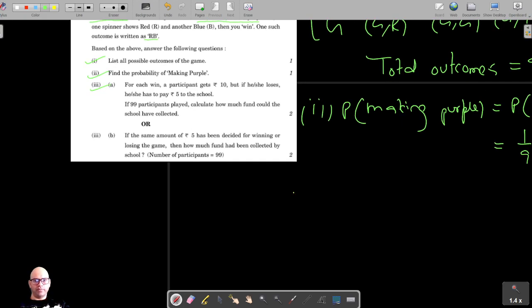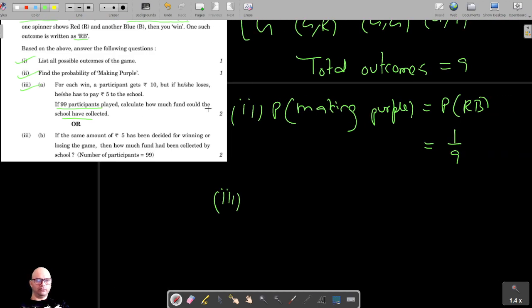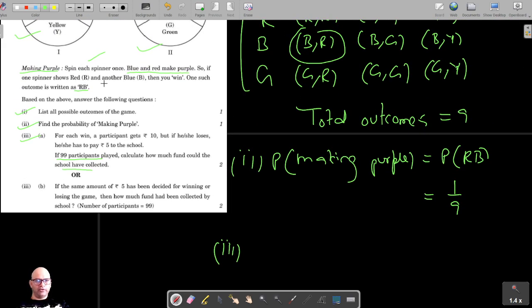For the third one, part A, it's given that a participant gets rupees 10 for winning and has to pay rupees 5 to the school. If 99 participants played, how much fund would the school have collected? A spinner wins when it shows red and blue.